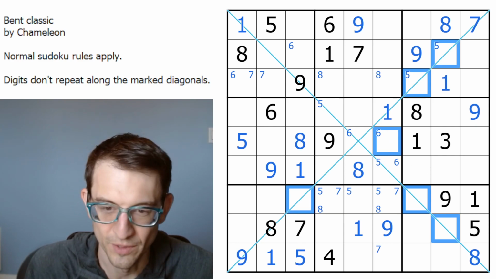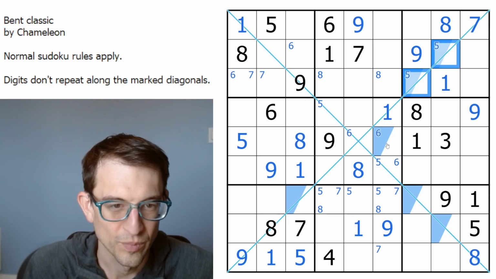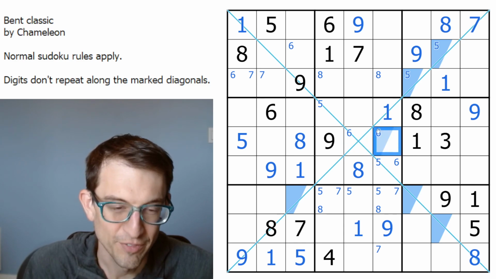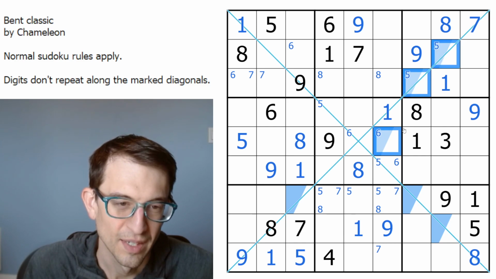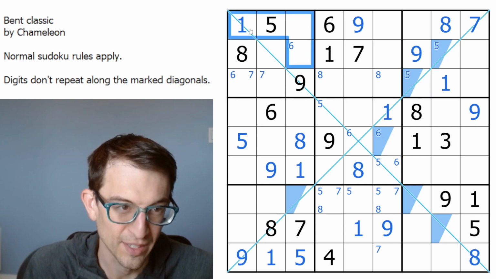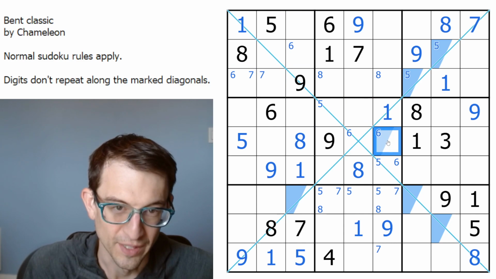So here, I'm going to do a little coloring again, just to show you what I'm looking at. So if the 6, I'll color this one too. Suppose that 6 were not in the middle. If 6 is not in the middle, then I get this problem of where to put 6s on the diagonals, because it can't go in box 1, and it won't be able to go in box 5 because I put it here.